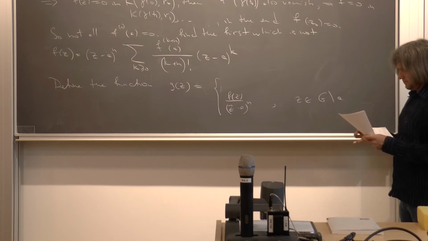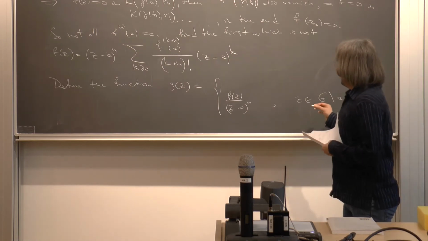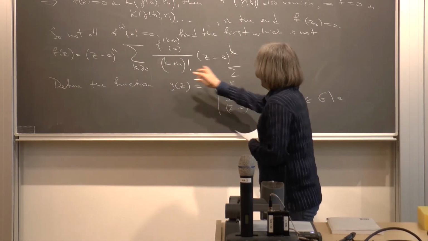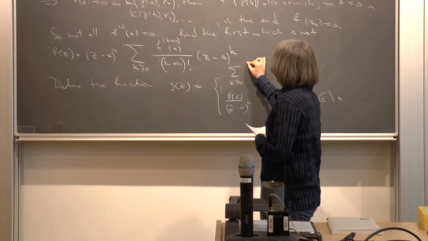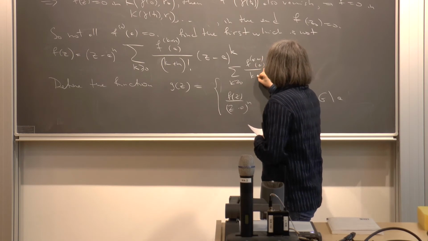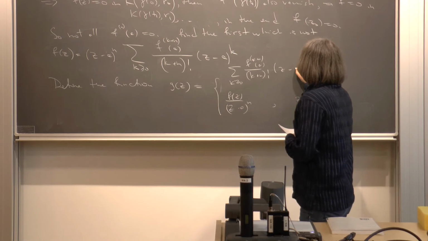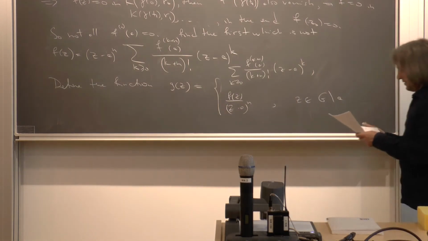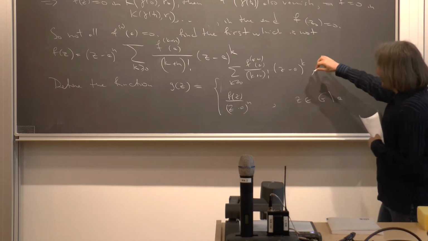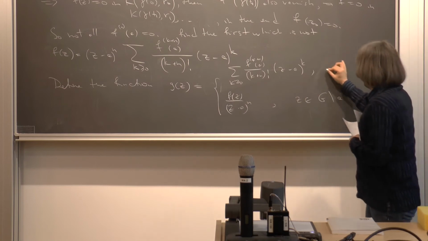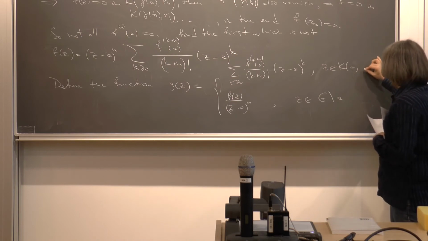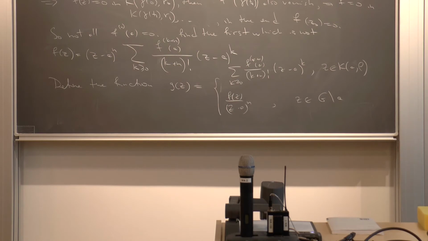And in the disk, I can define g of z by this formula. So this works in the convergence disk of radius rho.